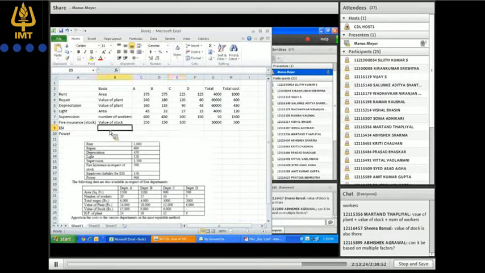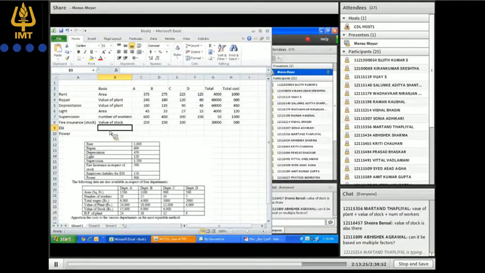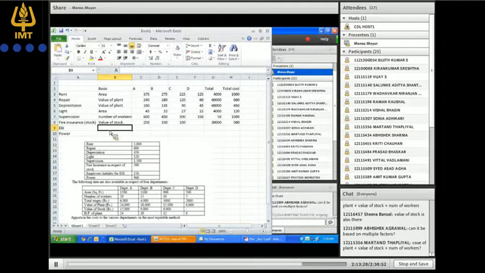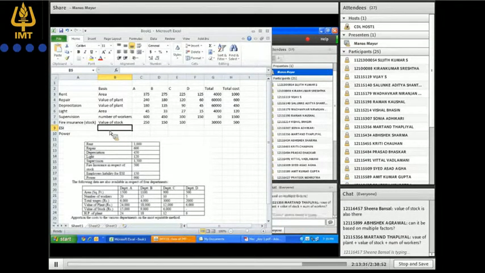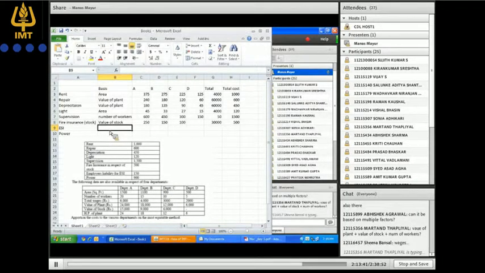The next is employer's liability for ESI. Can it be based on multiple factors? No, you need to find out the best possible option. If you are choosing multiple factors, you can do some comparative analysis, but it is better to choose the best possible option.